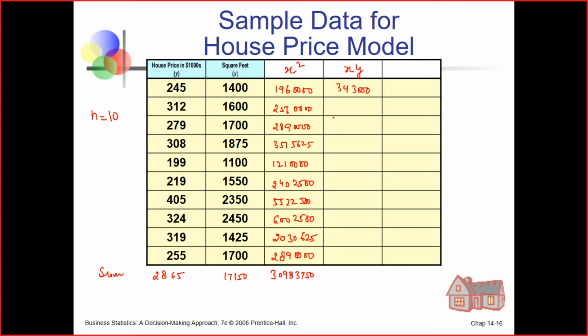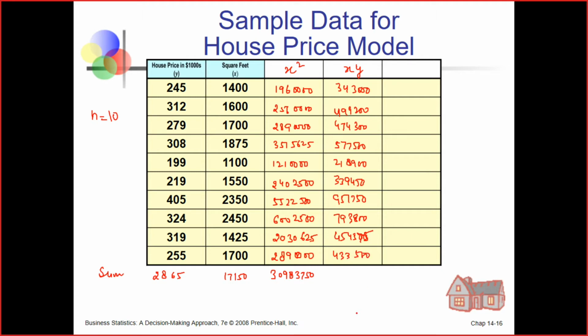Same way we'll multiply y with x and we get certain values. 343000, 499200, 474300, 577500, 218900, 339450, 951750, 454575 and finally 43350.